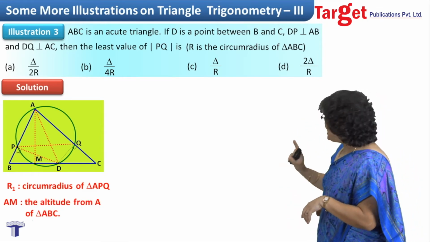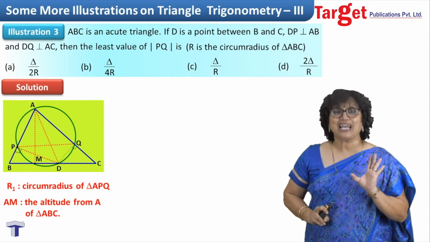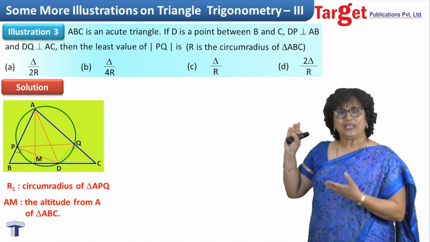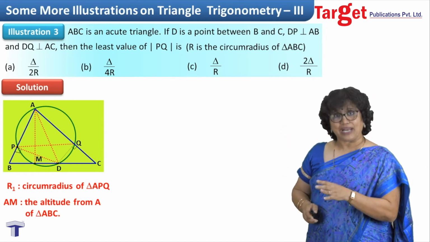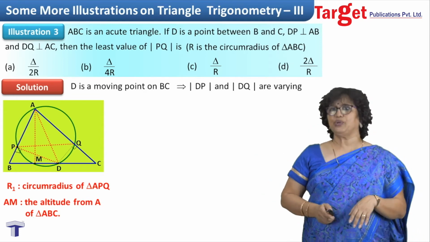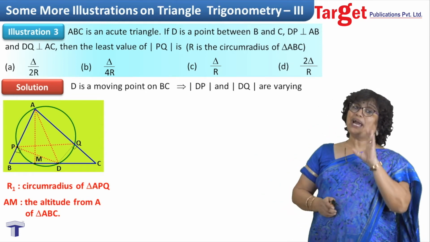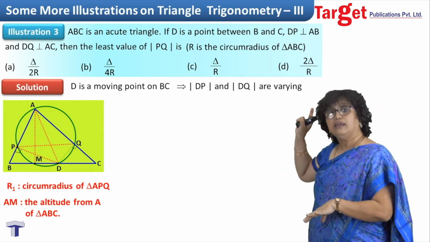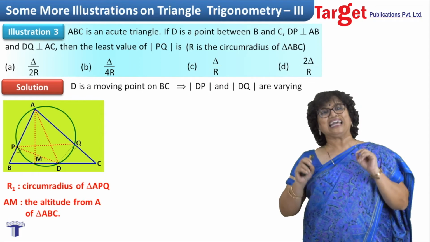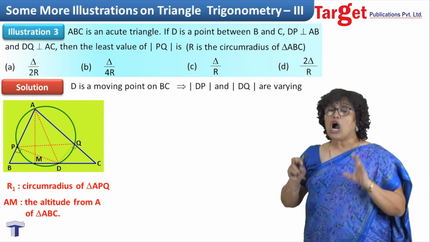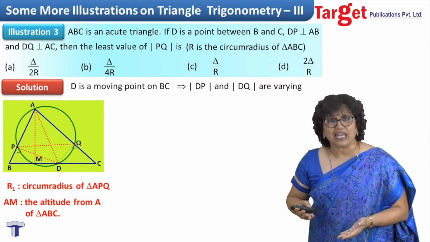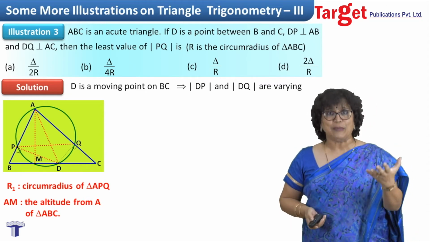I say circumradius of triangle APQ, I am naming as R1. I cannot use R because R is already kept, reserved for circumradius of triangle ABC. AM altitude, as I said, I have already mentioned to you. Now D is a moving point. Mind you please, I have written this statement deliberately for you to understand that question is regarding the least value of PQ. Now how many of you think that PQ is a varying quantity? If PQ is a varying quantity, then only you can find its minimum.